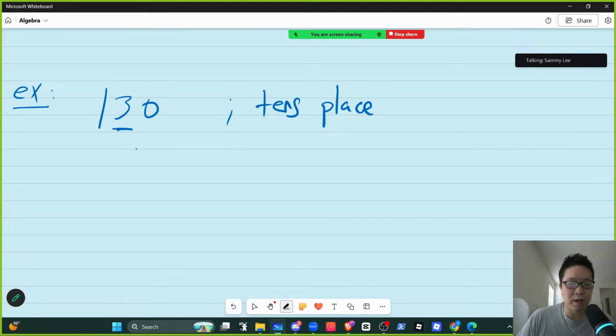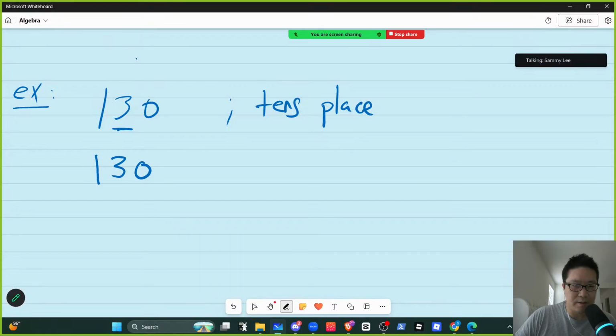And what number is to the right of it? 0. So do we round up or down? Down. So what happens to the 1 here? It stays the same. What happens to the 3? Stays the same. What happens to the 0? Everything to the right turns into a 0, so it's going to stay the same.